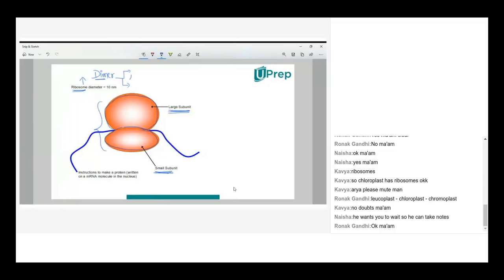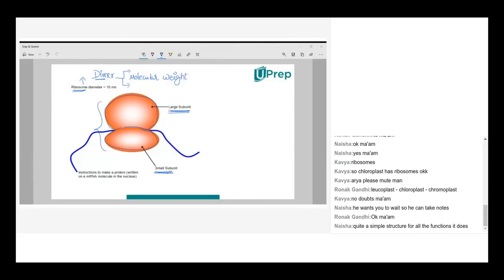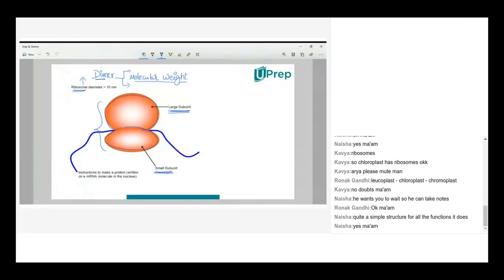This is not just because of the shape and the size, but based on the molecular weight. Here, I just want to give an introduction about how molecular weight is calculated for molecules.